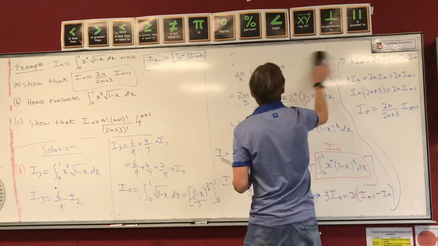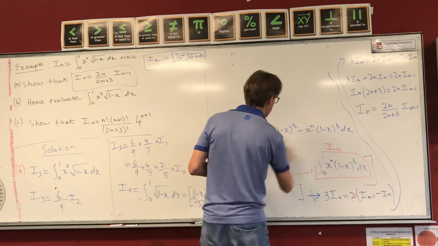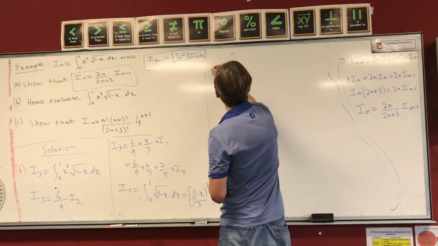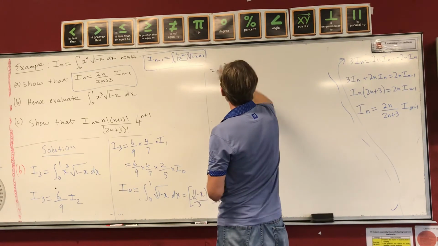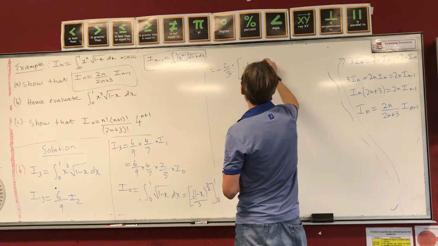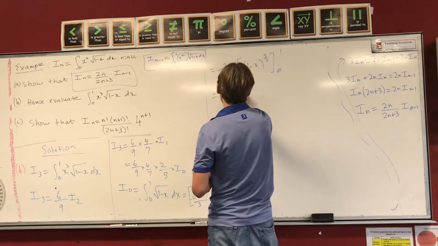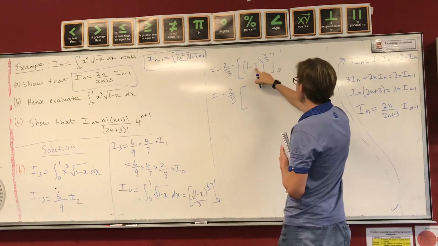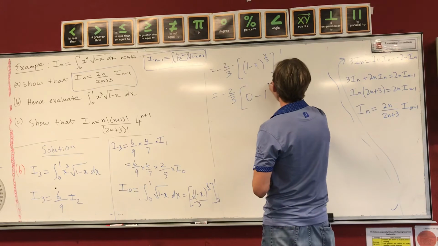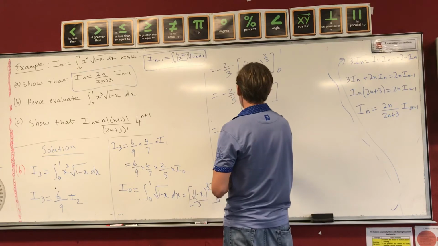Taking the negative 2/3 as a constant, if we put 1 in there we get 0 minus 1 to the 3 on 2, which is just 1.